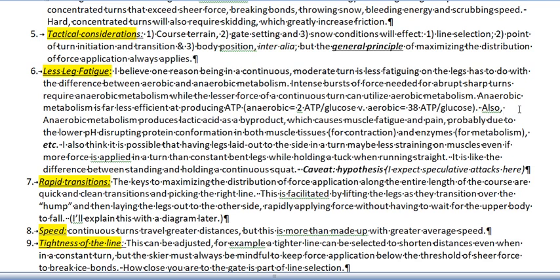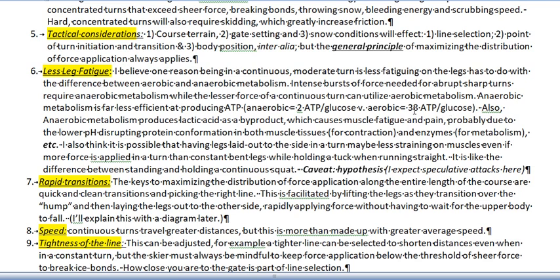All right. Now, anaerobic metabolism is far less efficient at producing ATP than aerobic. Anaerobic metabolism produces 2 ATP per glucose molecule versus aerobic, which produces 38 ATP per glucose molecule. That's a difference of 19 times.